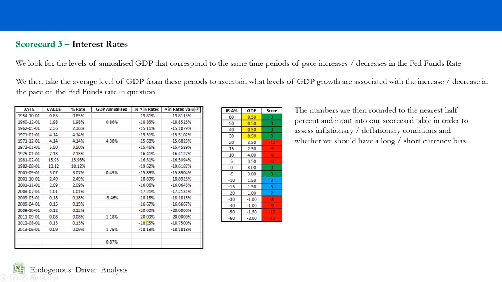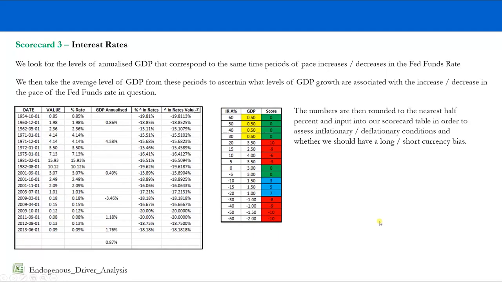So we sort for these between values in the spreadsheet, and then we round the numbers to the nearest 0.5% and input them into our scorecard table in order to assess inflationary or deflationary conditions and whether we should be looking to have a long or short currency bias.